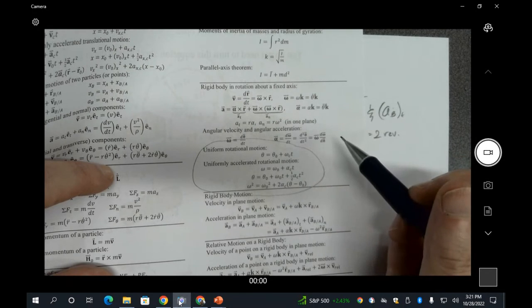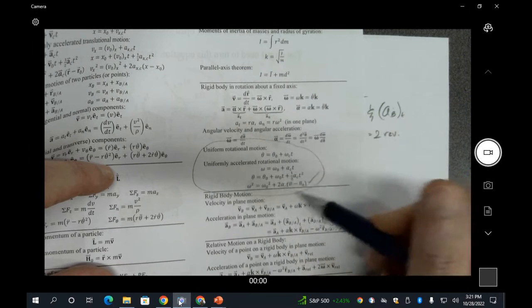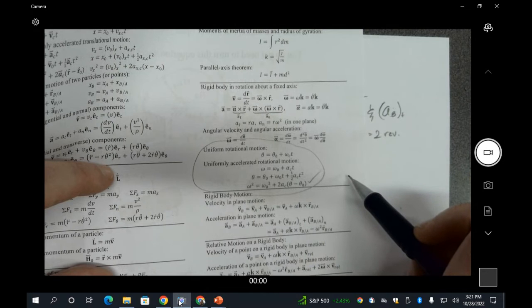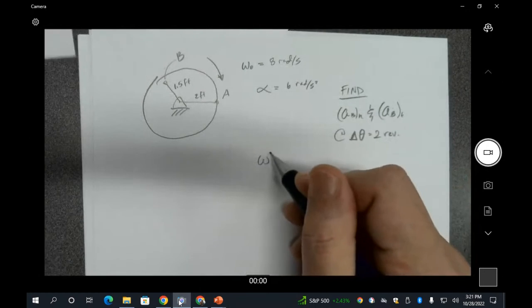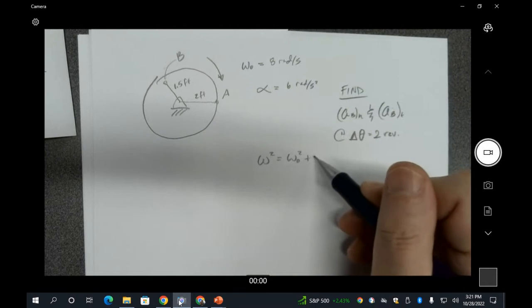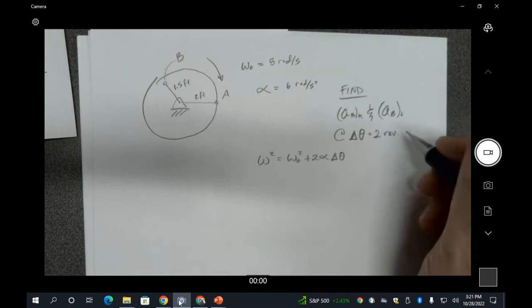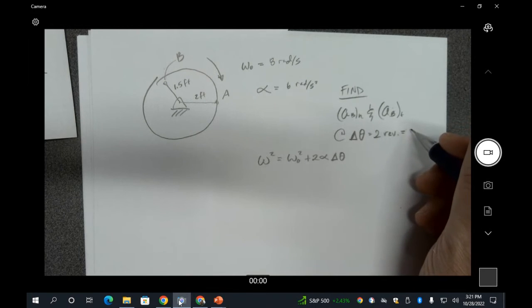Alpha constant, then the angle minus. This one. Yeah, that one. And we want to turn those 2 revolutions into radians. Yep. Nice. So we can find omega squared is equal to omega naught squared plus 2 alpha delta theta. And noticeably, that 2 revolutions, each revolution is 2 pi, so that's 4 pi.